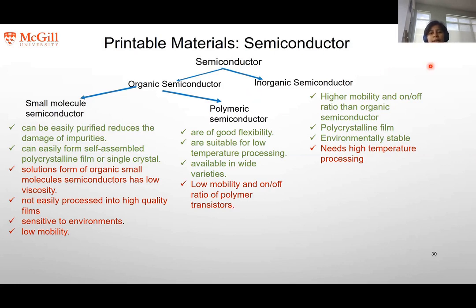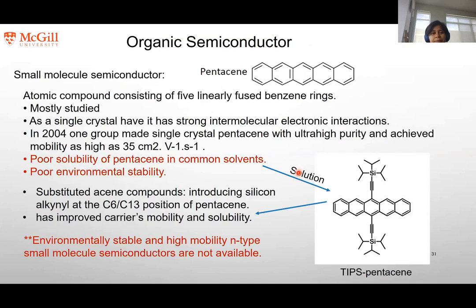Now, the inorganic semiconductors have higher mobility and on-off ratio than organic semiconductors. They normally make polycrystalline film, and they are environmentally stable. But the problem with them is they need high temperature processing.